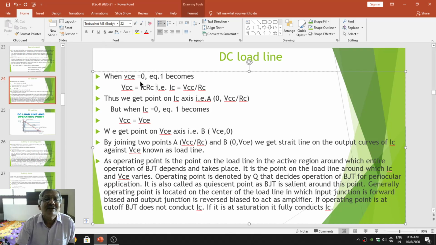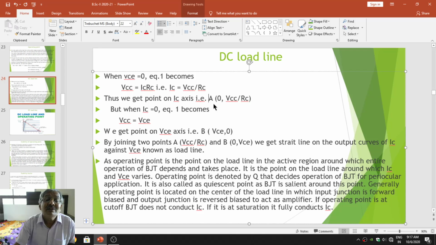That is, IC equal to VCC upon RC. Thus we get the first point, located on the IC axis of the output characteristic curves. Let us suppose that point is A, and it is (0, VCC upon RC). These are the coordinates of point A.